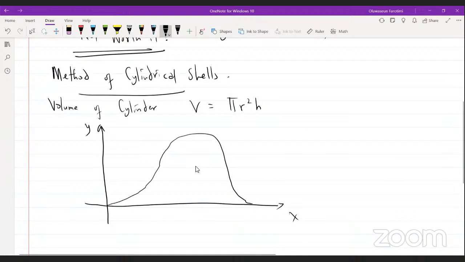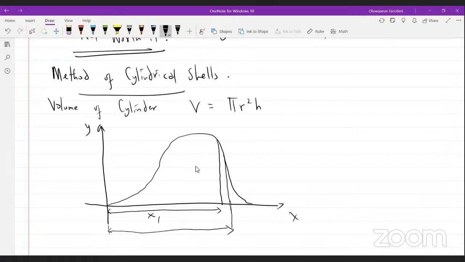So in this case, suppose we have this point. Suppose the distance from here to here is given by, we call the distance x1. Suppose we have another point here, and suppose the distance from this point to this point is x2.